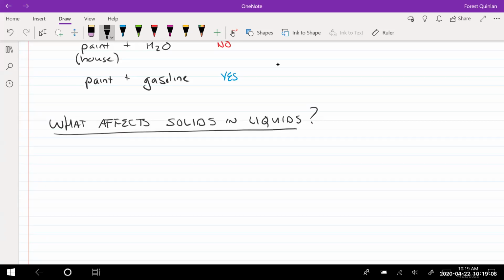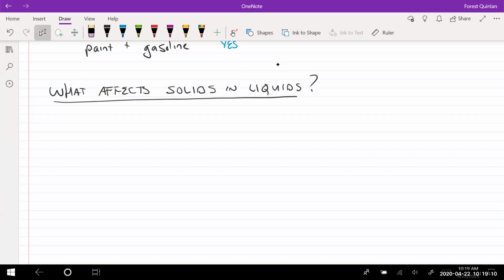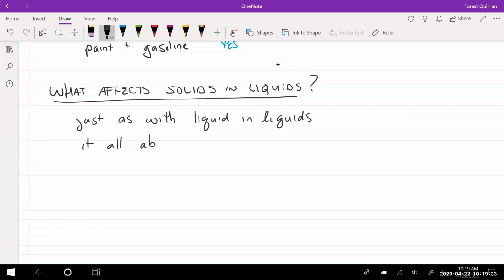Well, it is just like with liquids and liquids. Just as with liquids in liquids, it is all about the intermolecular forces.